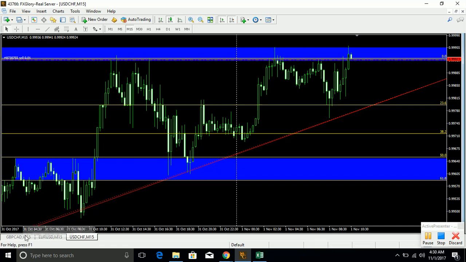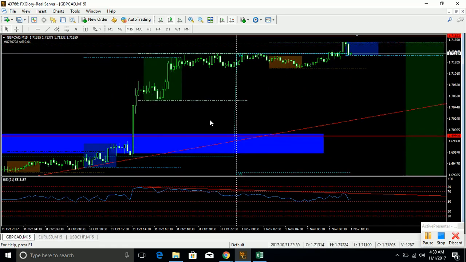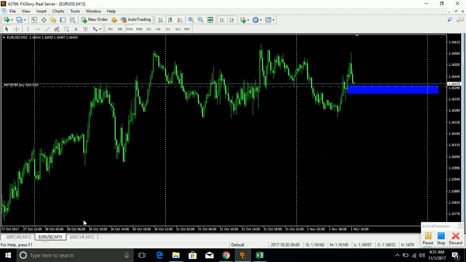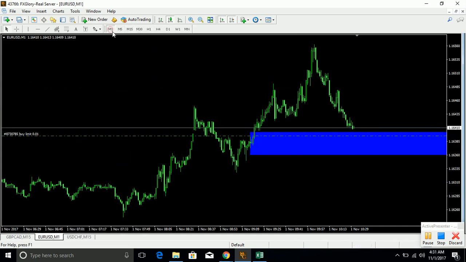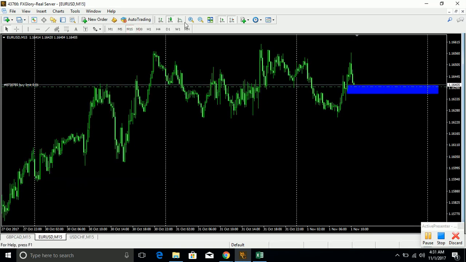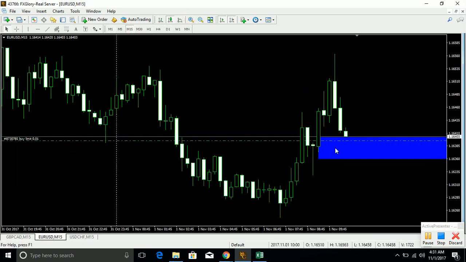We can also look at this pound CAD, see if we're still pushing down. And this Euro USD should be coming down here to give us our next buy position. Now it is possible, of course, that we don't make it down there, but I am highly anticipating a good push to activate this particular trade.